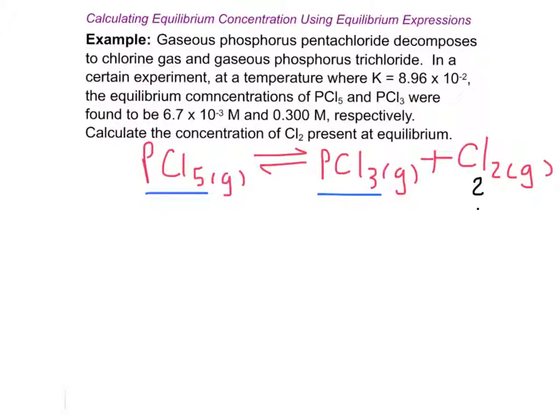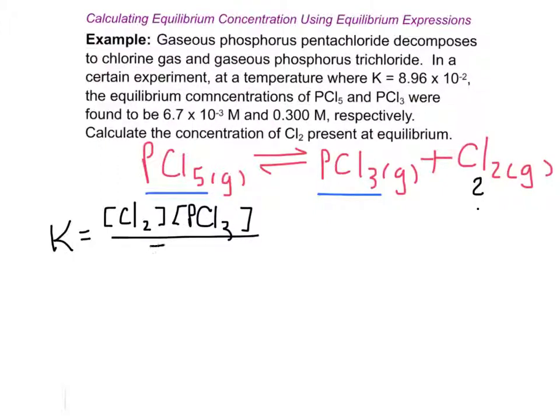Well, we know how to write an equilibrium expression. Let's go ahead and write that down. K equals the concentration of chlorine gas times the concentration of phosphorus trichloride over the concentration of phosphorus pentachloride.